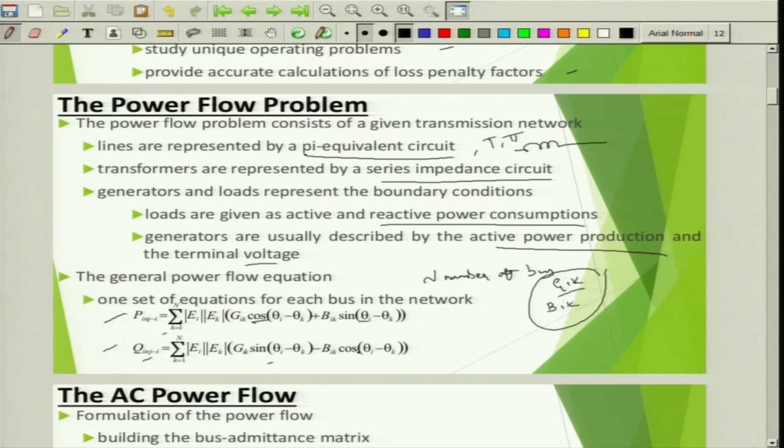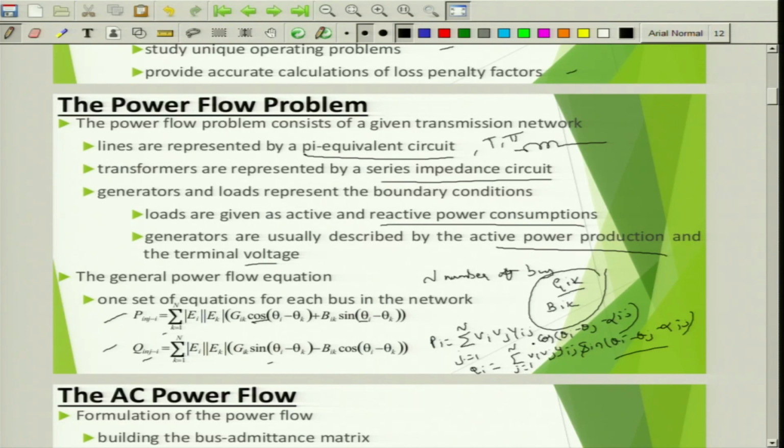This can also be expressed like this: P injection is the summation of j equal to 1 to n of Vi Vj Yij cos(theta i minus theta j minus alpha ij), or Qi, the Q injection, is the summation of j equal to 1 to n of Vi Vj Yij sin(theta i minus theta j minus alpha ij).